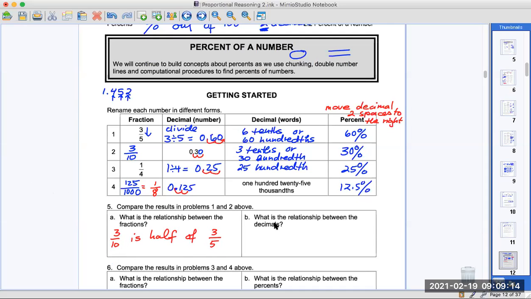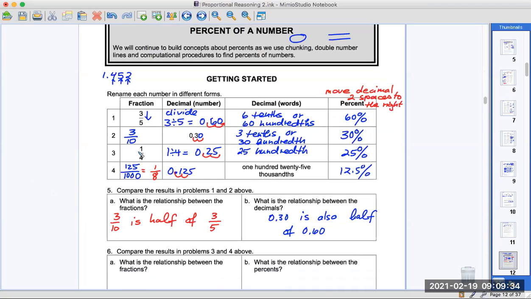And what is the relationship between the decimals? Well, 0.30 is also half of 0.60. Yeah, so it's exactly half.